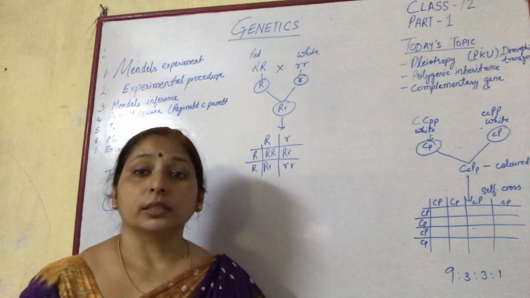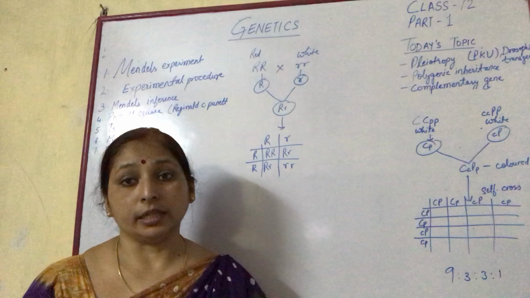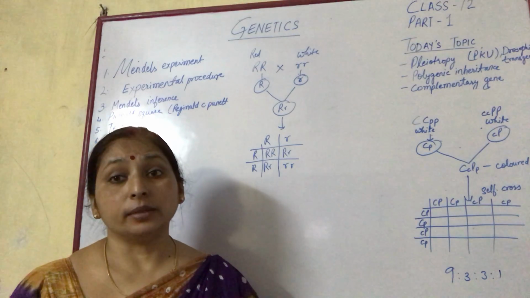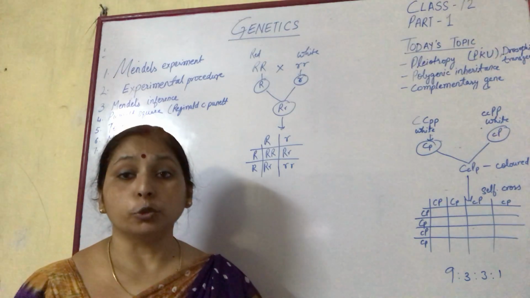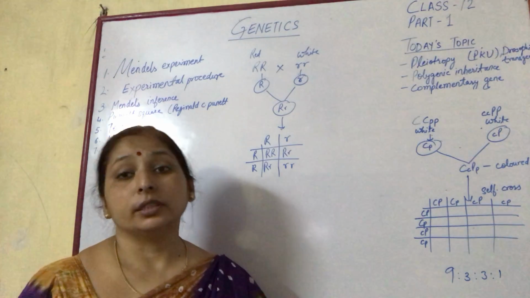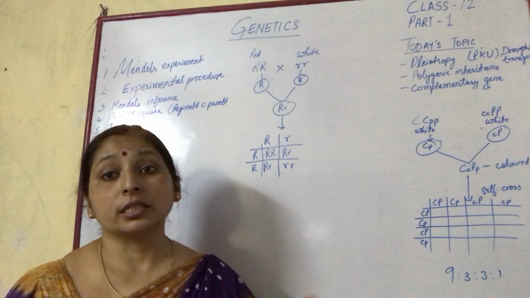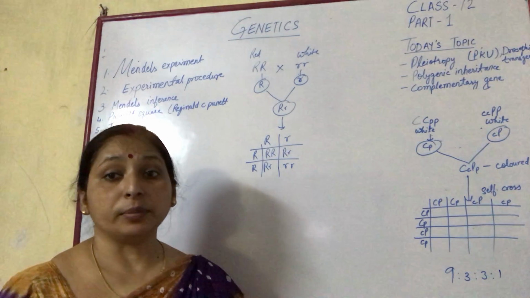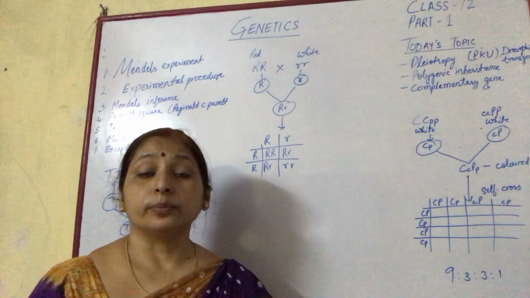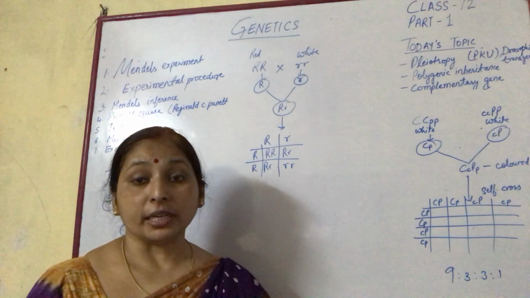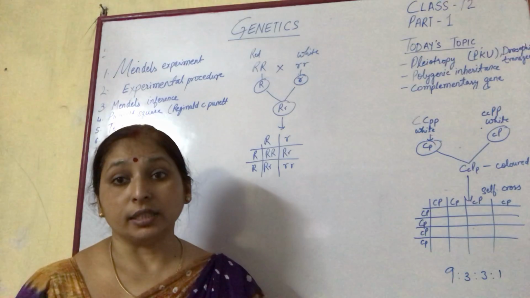But there is a sequence for inheritance, and according to his studies he has given rules, or laws, for this. For his experimental study he selected the pea plant because it has contrasting characters like tall and short plants, then flower color.